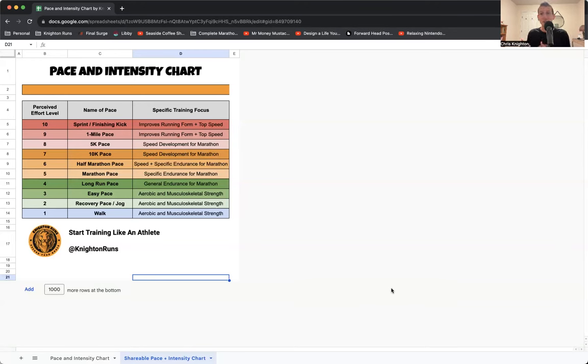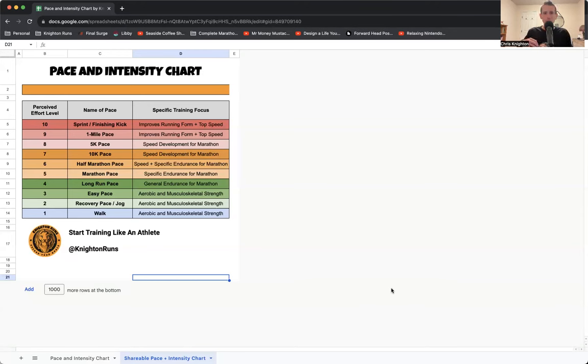Maybe on your next long runs, it's good to be on the faster side of the easy pace spectrum. Maybe make that like a 4, maybe pushing into a 5 out of 10 if you feel really good. And I think once you get really comfortable with this system, it's going to help you run a lot better. You're going to run a lot more within yourself, a lot more controlled than if you simply rely on the pace on your watch.